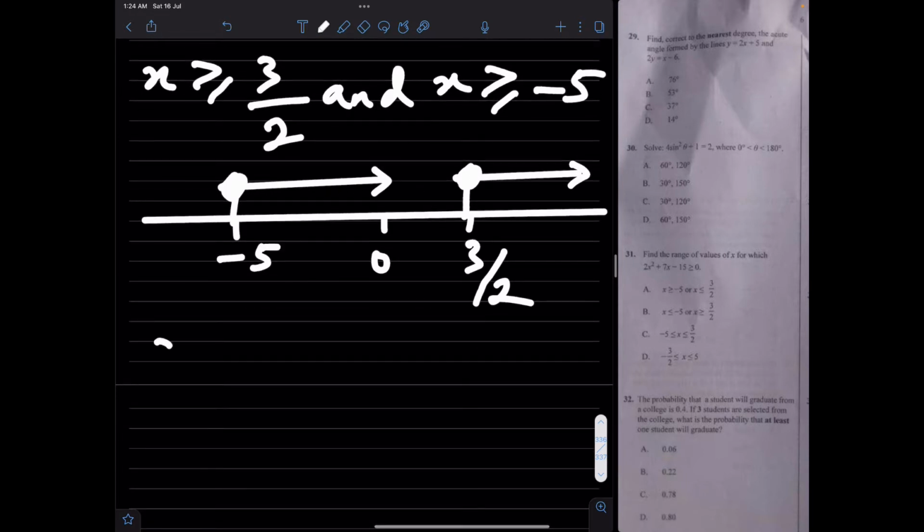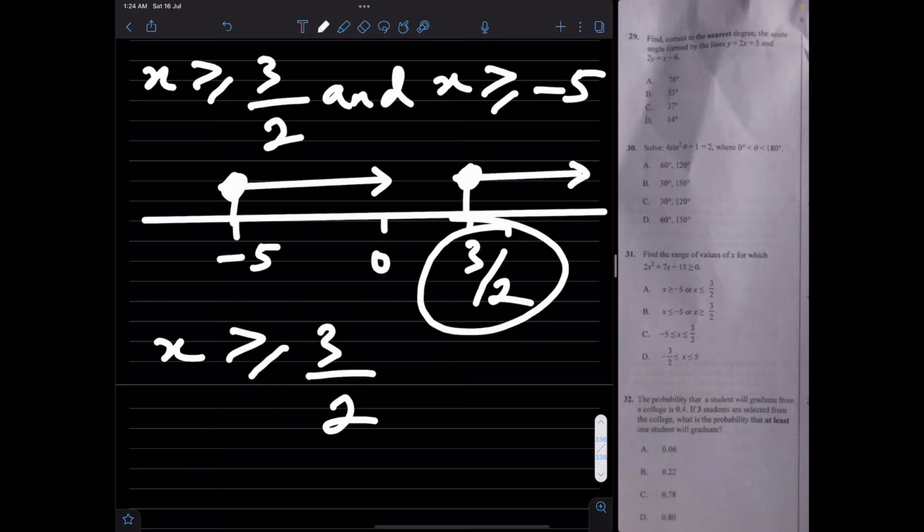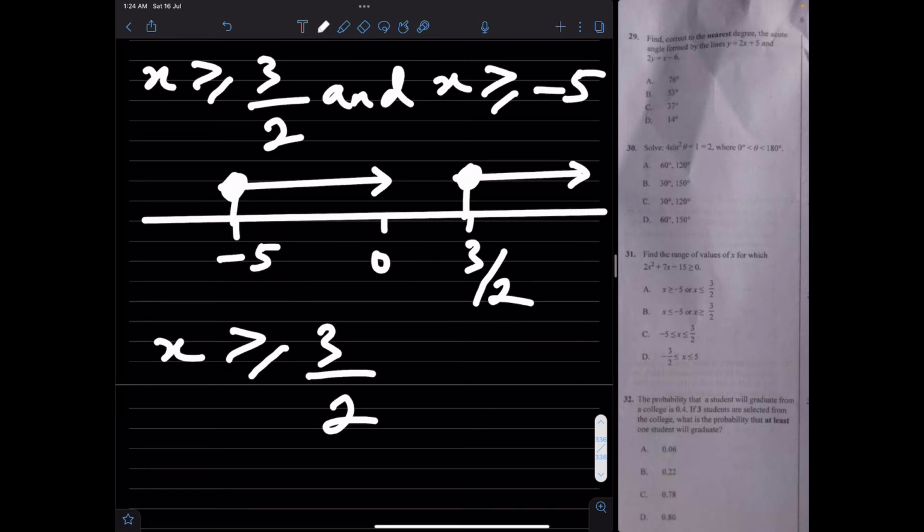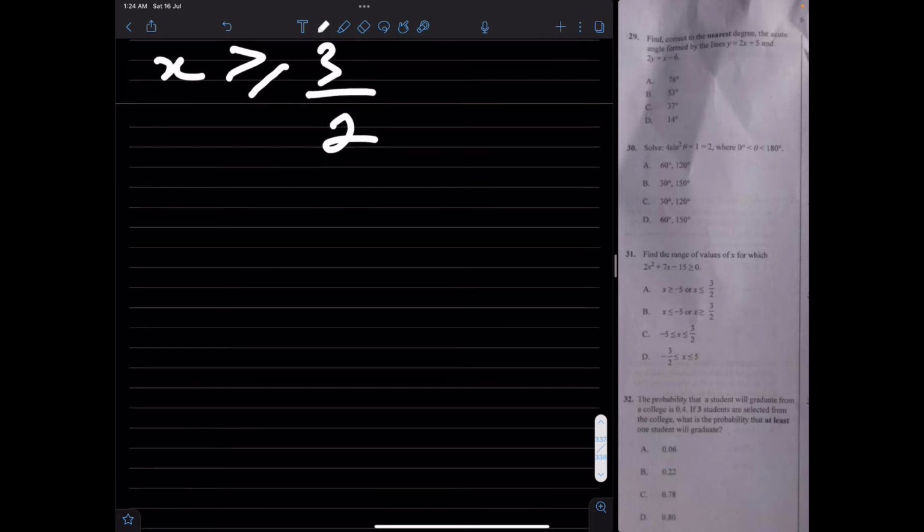So we can write this simply as x greater than or equal to 3 over 2, because any number that is greater than or equal to 3 over 2 is certainly greater than or equal to minus 5. So you can simply write x greater than or equal to 3 over 2 for the two of them.